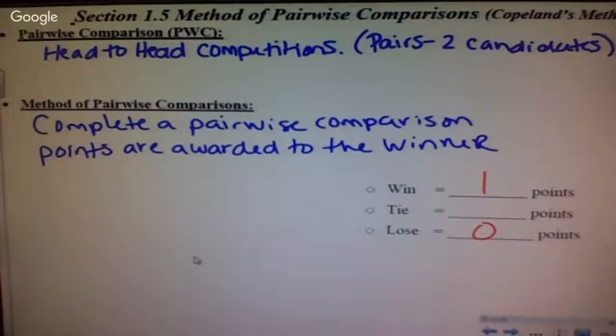If the 2 candidates actually tie, they each get half a point. Okay. There is a chance for people to tie in this one. What is it, 0.5 instead? 0.5 or 1/2, it doesn't matter. Okay. So if you want to think of this as 0.5 points, that's fine as well.